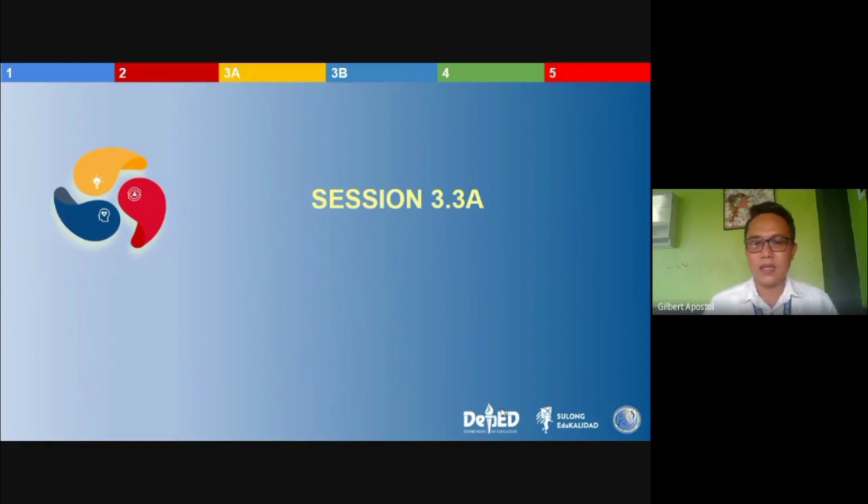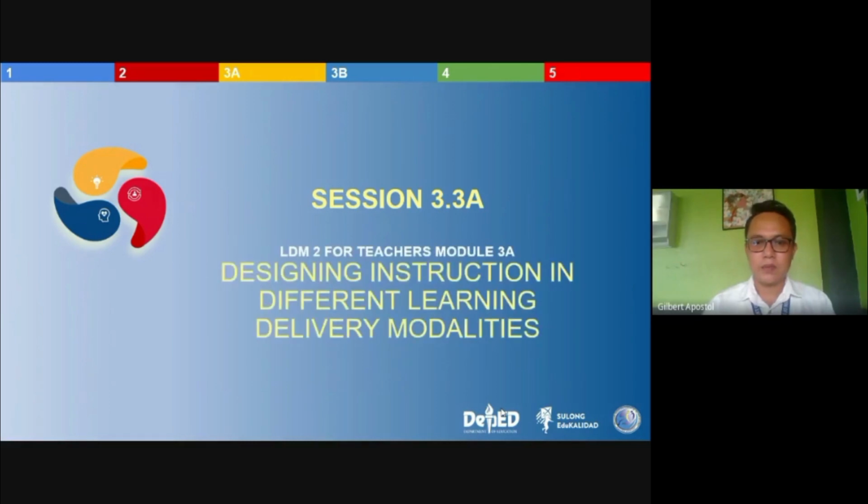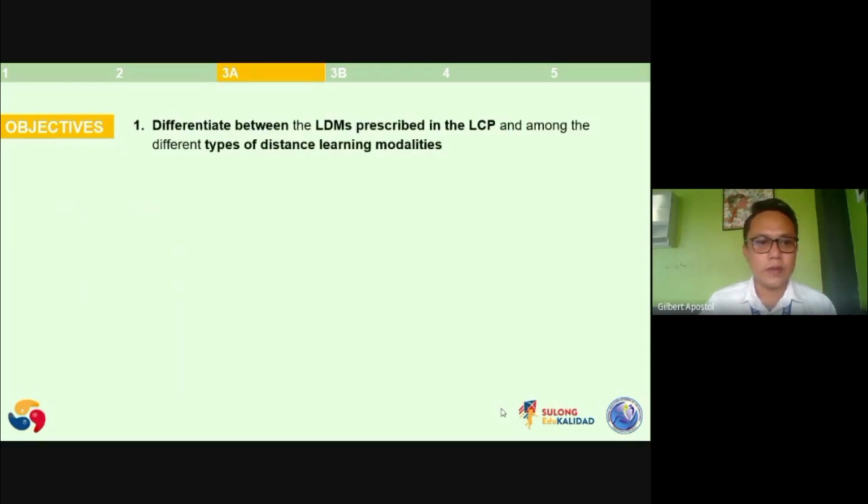Good day, everyone. For session 3.3a, this is about designing instruction in different learning delivery modalities. The objectives for this module are: first, differentiate between the LDMs prescribed in the LCP and among the different types of distance learning modalities.